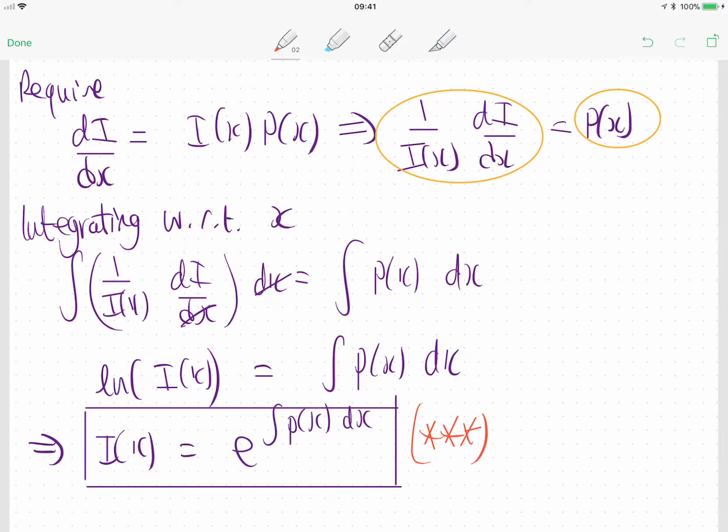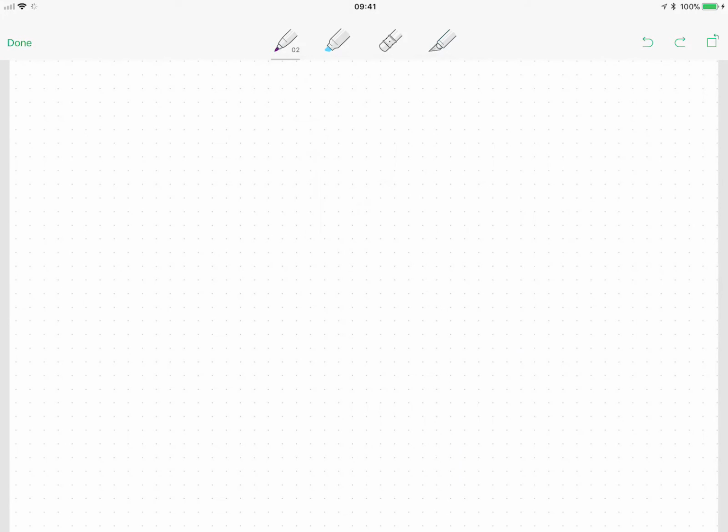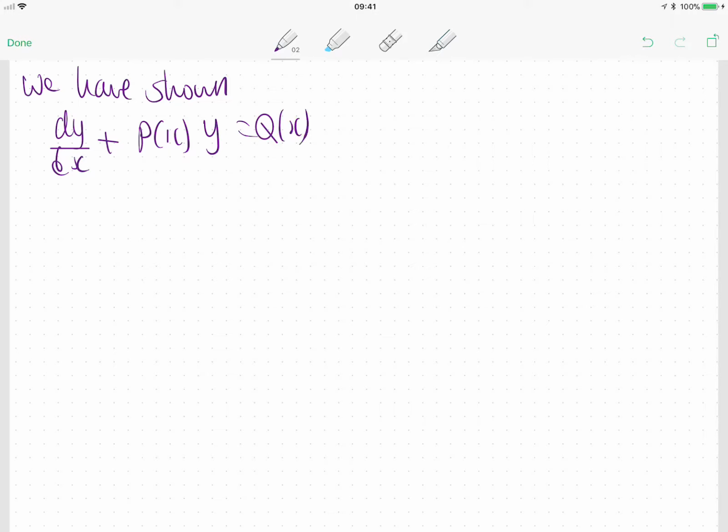Right, so let's round up. Where are we with this? So we have shown that if we start with something in the general form, we should multiply through by the integrating factor.